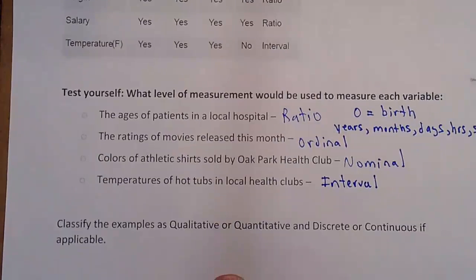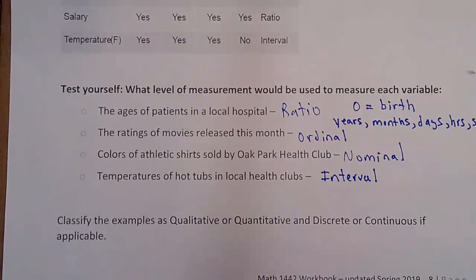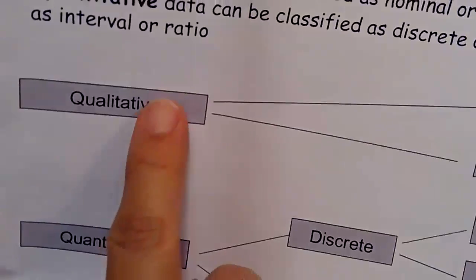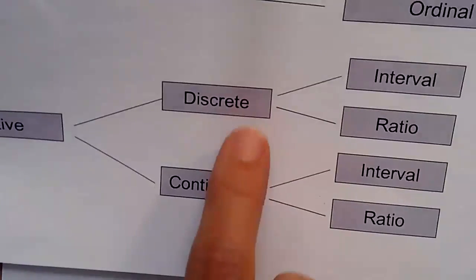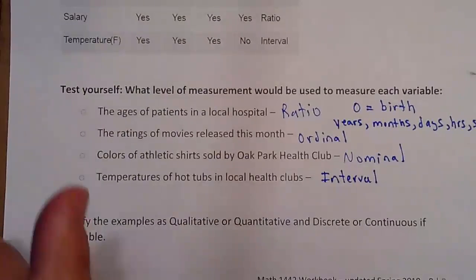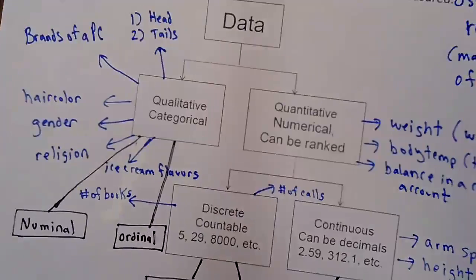This down here at the bottom, they say classify the examples further, like qualitative or quantitative or discrete or continuous if applicable. But when you take your quizzes, they're not going to have you classify something and then further break it down. When they say qualitative or quantitative, they're getting that from this, and then discrete or continuous, which you already have examples of here.